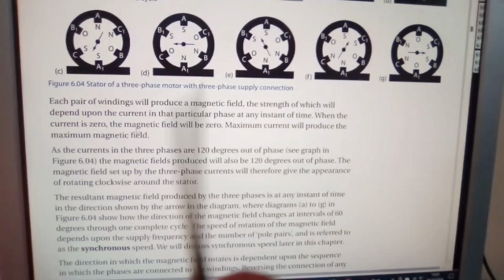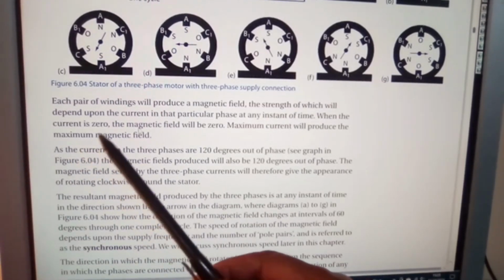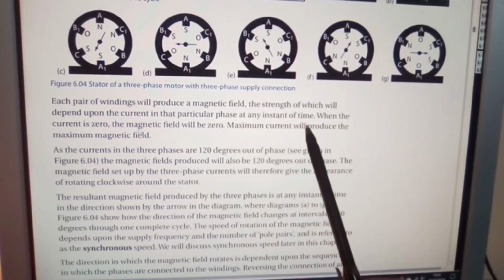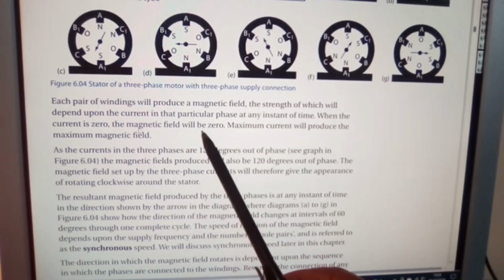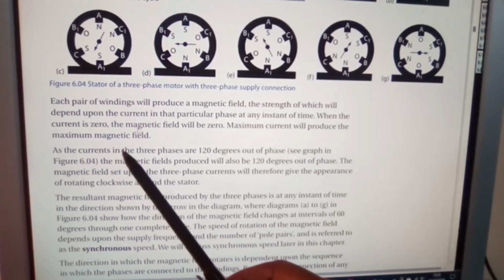Each pair of windings will produce a magnetic field, the strength of which will depend upon the current in that particular phase at any instant of time. When the current is zero, the magnetic field will be zero. Maximum current will produce the maximum magnetic field.